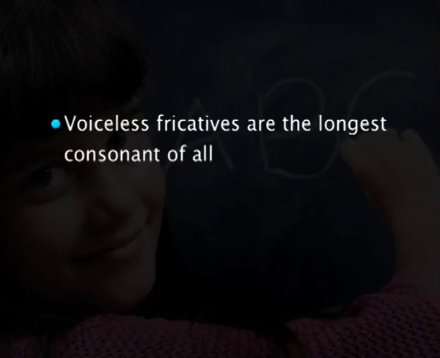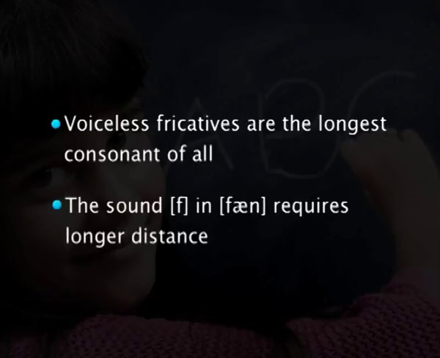For example, the sound f in fan requires longer distance. So, if you recall, in fricatives there is an obstruction of the airflow, so the f sound in fan requires longer distance.